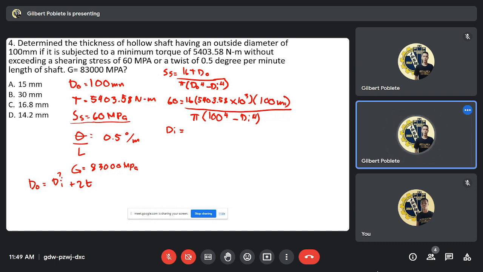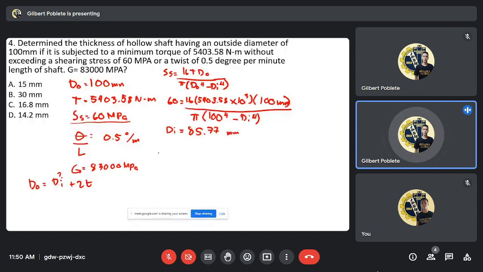Over pi times 100 raised to 4 minus x raised to 4. So, shift solve. So, ang DI na lumabas natin is 85.77 millimeter. So, pwede natin siyang dalhin dito.